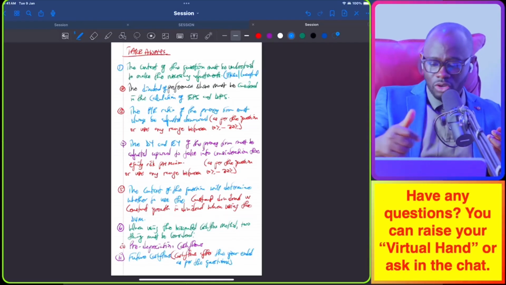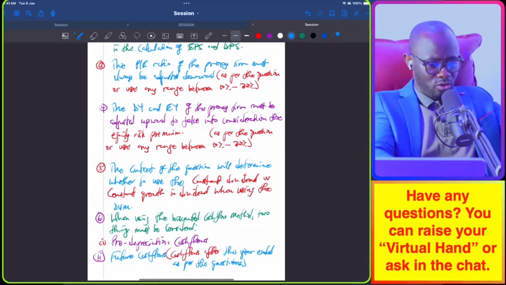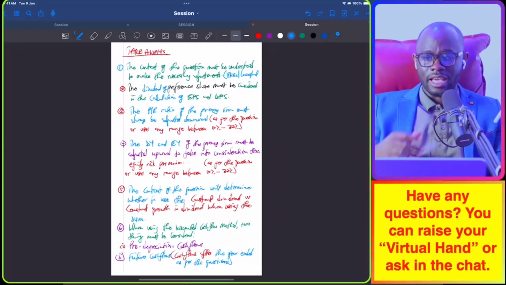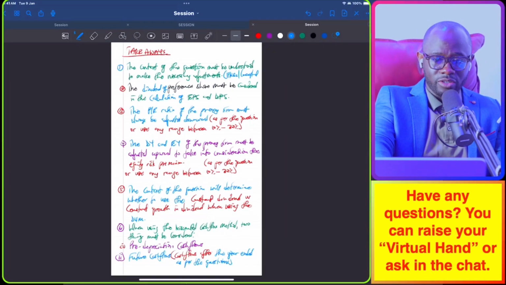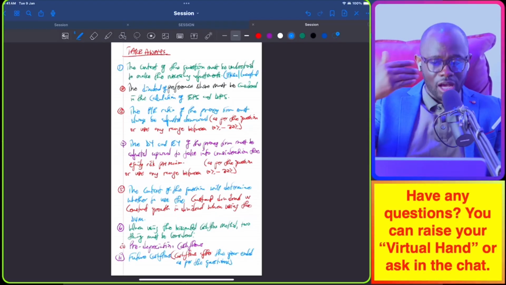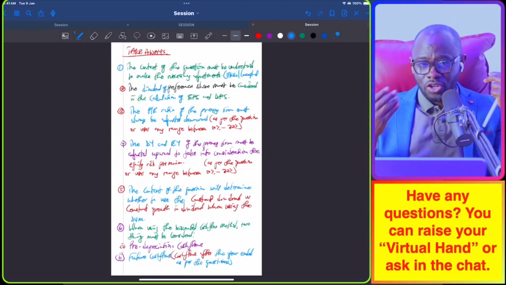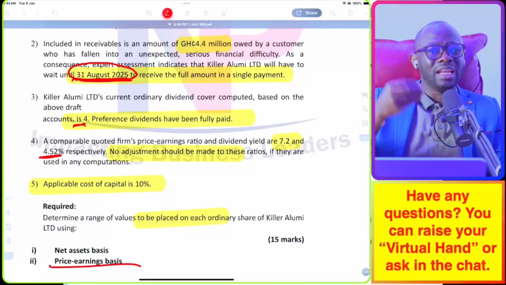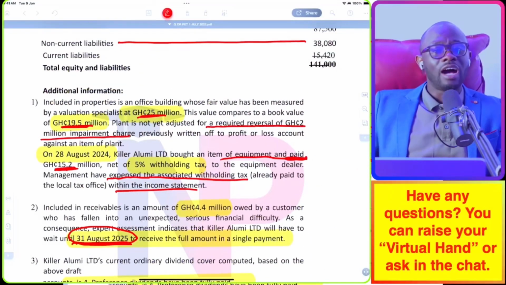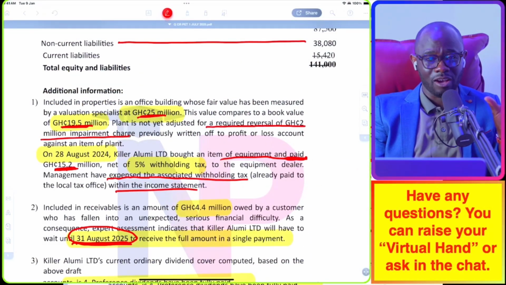You must know how to deal with those other principles here. Once you get the principles, when you see the question, you can apply them. It's not difficult. It is the principles and the application.